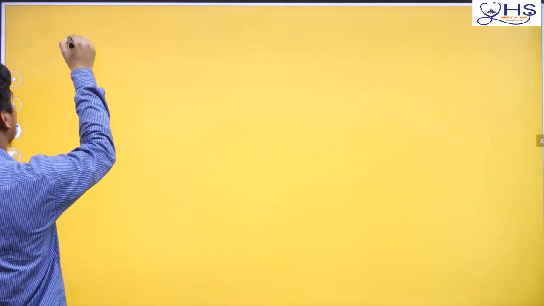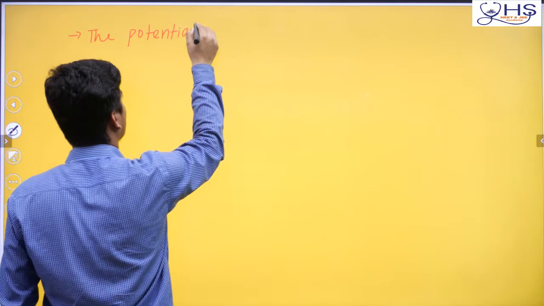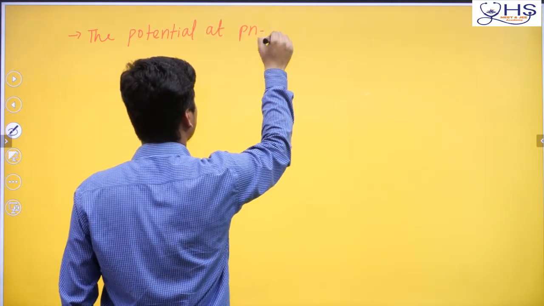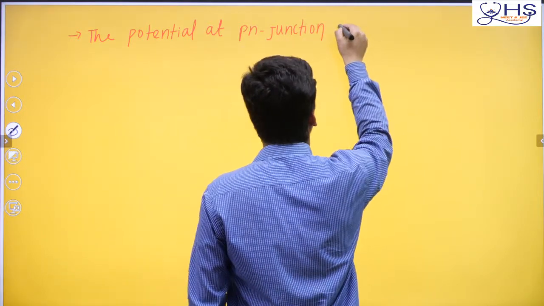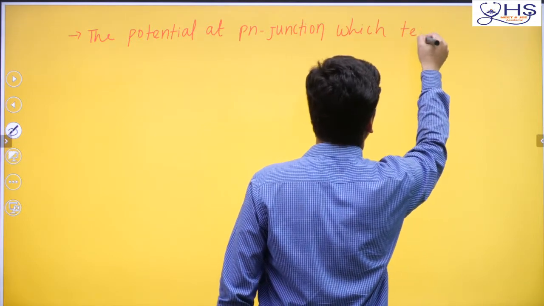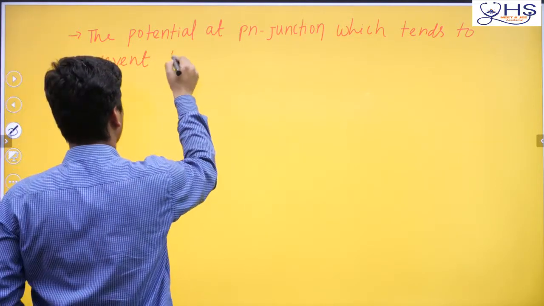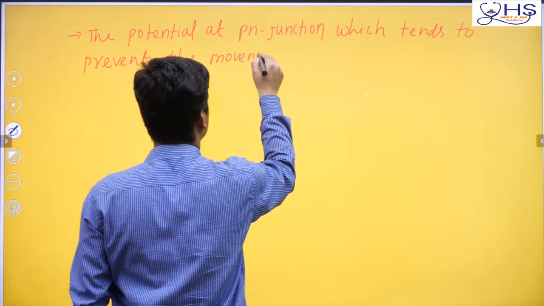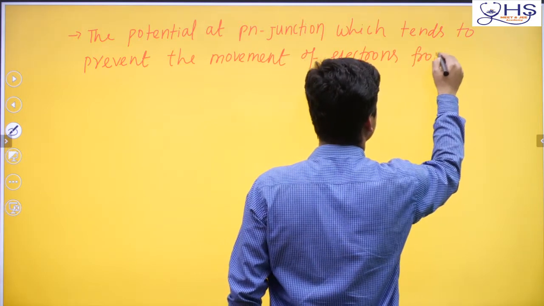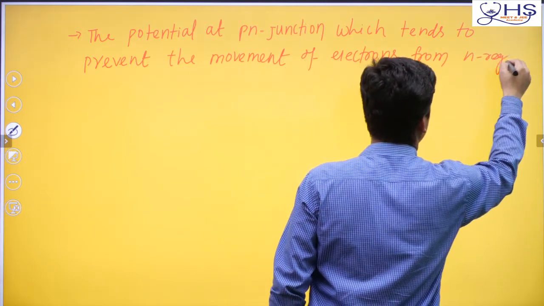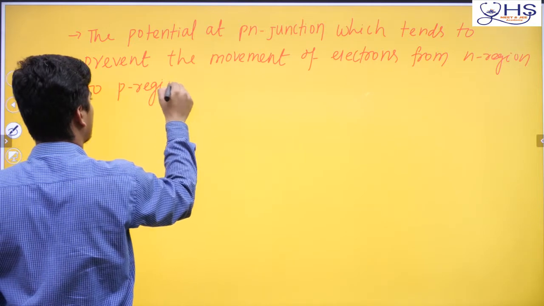You can write the potential at PN junction, which tends to prevent the movement of electrons from N region to P region.